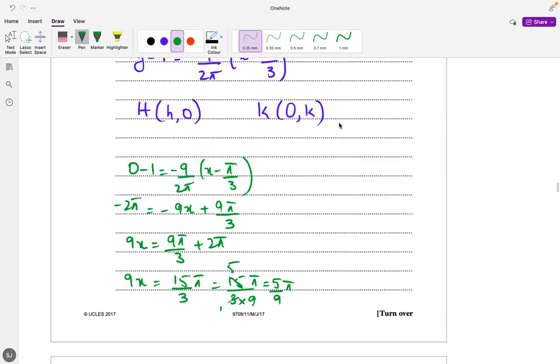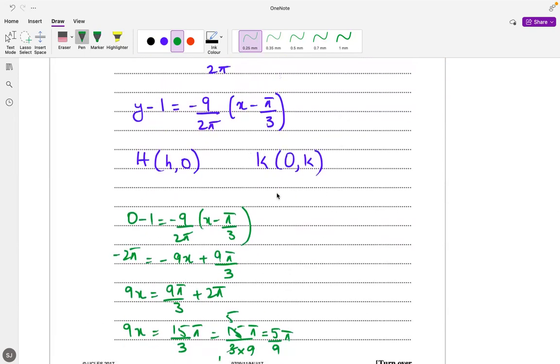To find the value of k in the same equation, we'll just substitute x equals 0. So we'll write y minus 1 equals minus 9 upon 2 pi times 0 minus pi upon 3. Simplifying this, we'll get y minus 1 equals minus 9 upon 2 pi times minus pi upon 3.